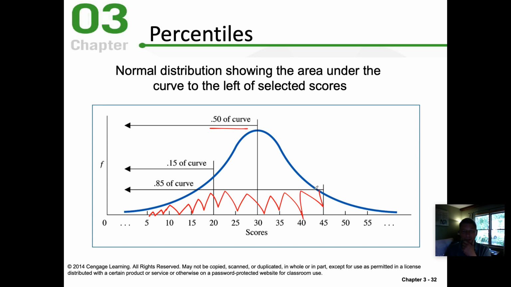Actually, I should have included all of this in that mess as well. So all of the stuff that I've just colored in red represents 85% of the area under the curve. And so the percentile is just showing you how many people fit into this data set below a given score. And that's percentiles.